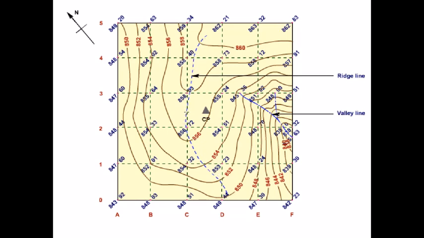And if you go to the left, then the elevation decreases, and if you go to the right, it decreases, and if you come back, it decreases as well. So this represents a ridge line, and this over here represents a valley line. So if you get these shapes on your contour map, you can distinctly tell what they represent.